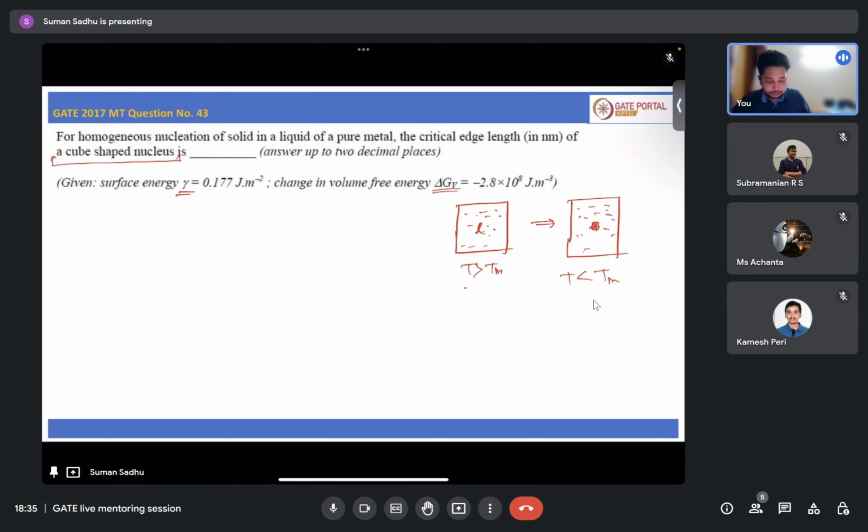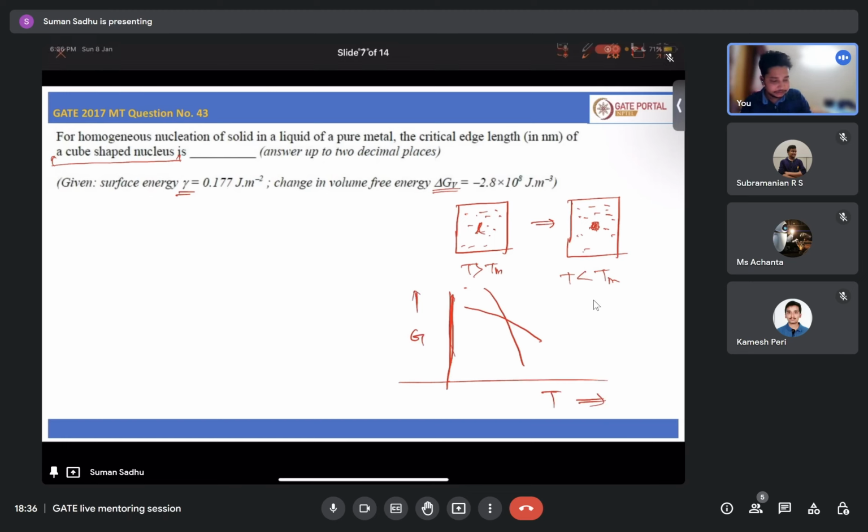Now, what is the driving force for this? The driving force is your delta GV, the change in your free energy. Let's say this is G versus T. In the first question you have already seen how the G versus T curve should look.